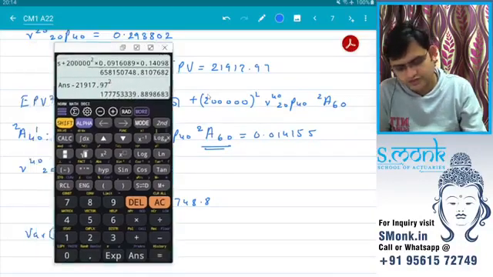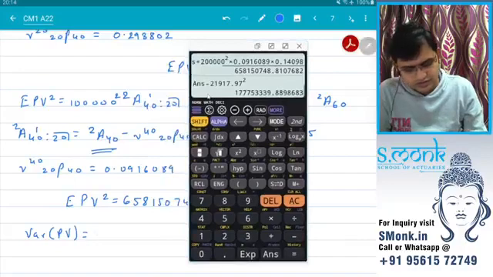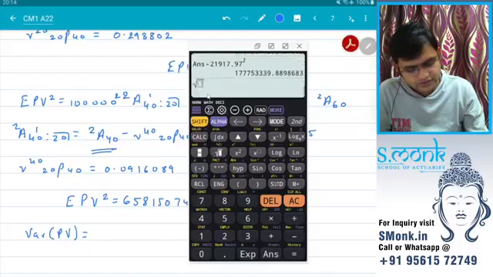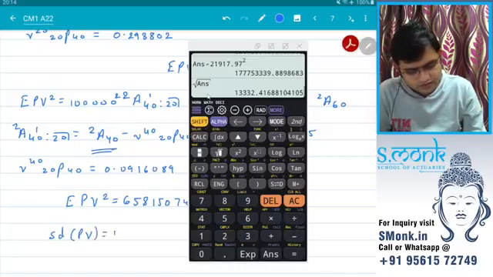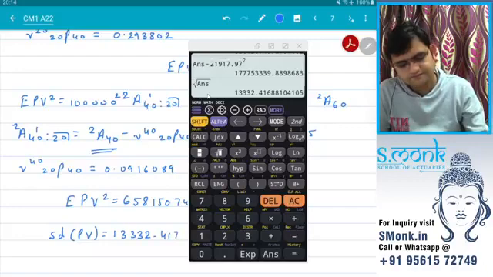This is the variance. I prefer writing it in terms of standard deviation square, so I'll say root answer. Anyway, we want the standard deviation, we don't even want the variance. So the standard deviation of present value will be 1333.417.